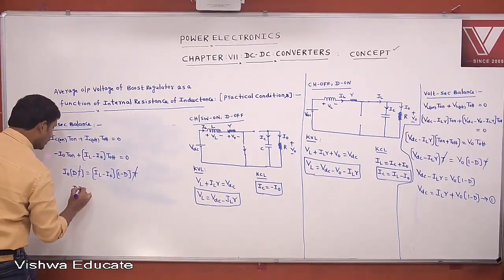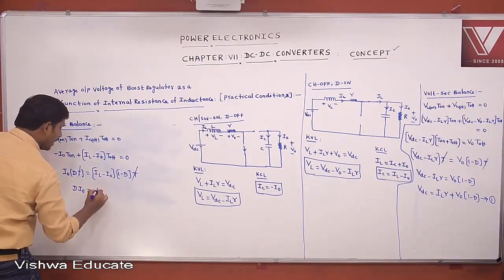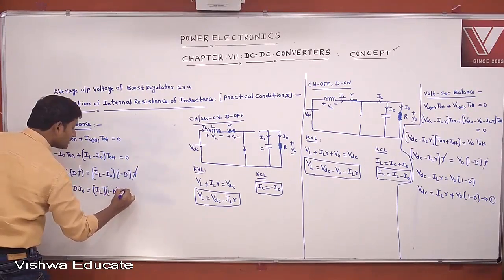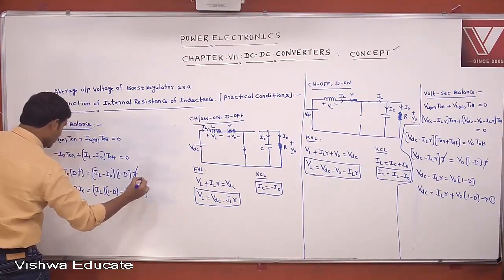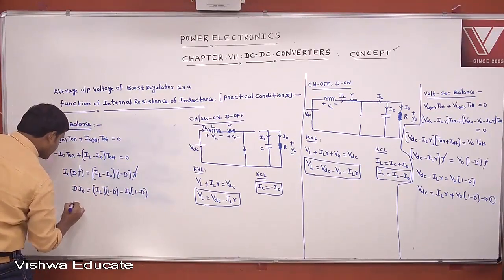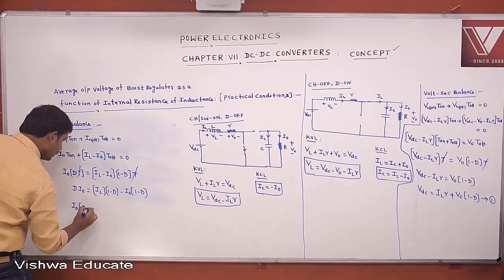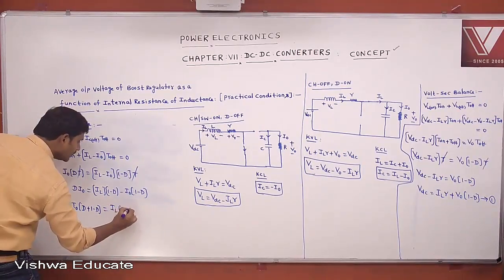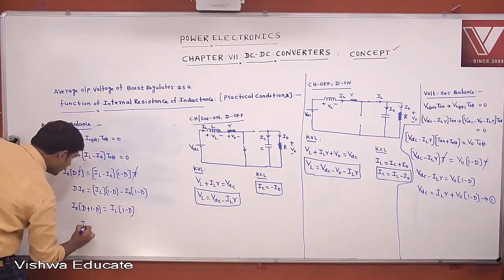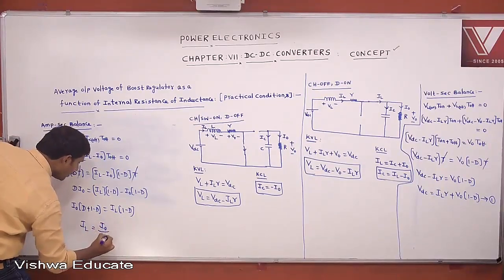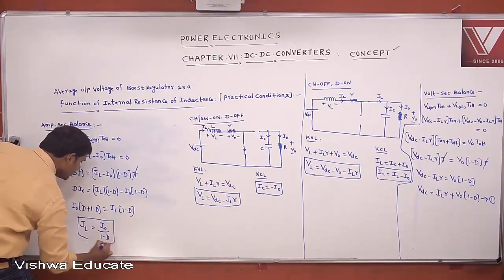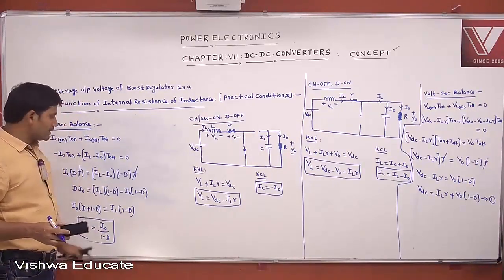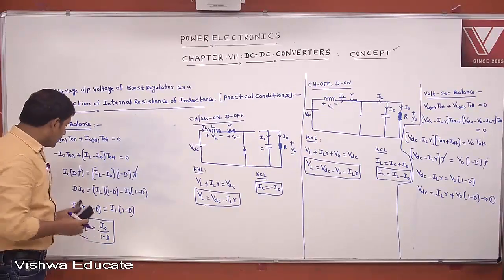Then D I naught equal to IL minus IL into 1 minus D minus I naught into 1 minus D. Bring this, I naught is common: D plus 1 minus D is equal to IL into 1 minus D. Then from this, IL equal to I naught by 1 minus D. This is the average inductor current. Let this be equation 2.